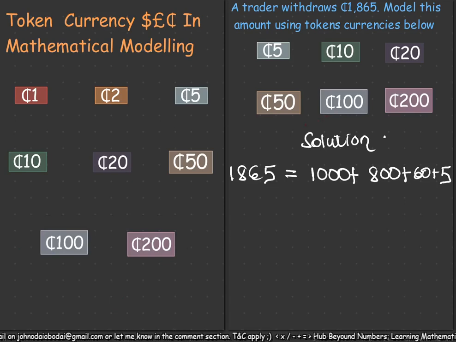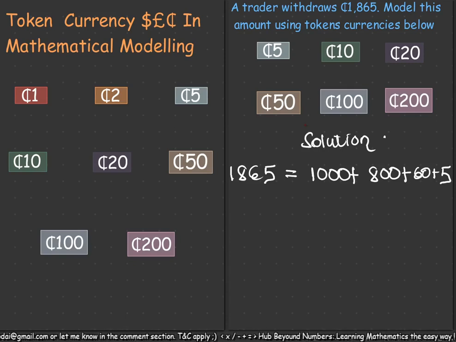And per our question, we're given 1,865. And we want to express it in tokens of 5, 10, 20, 50, 100, and then 200. Now, there are so many ways you can do it, as we have seen, based on your understanding. But you always have to make sure at the end of the day, the sum of all the tokens will be equal to your required amount.